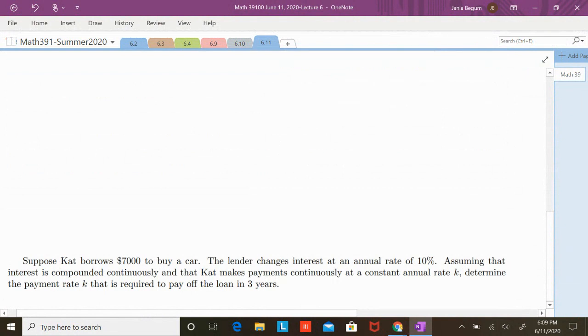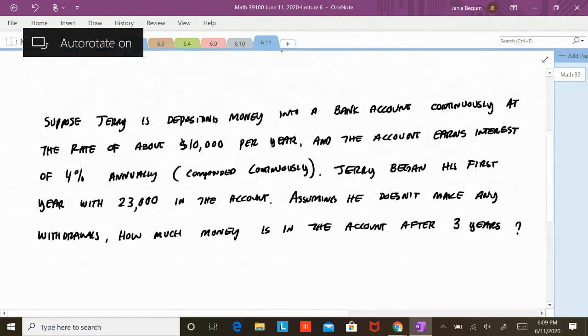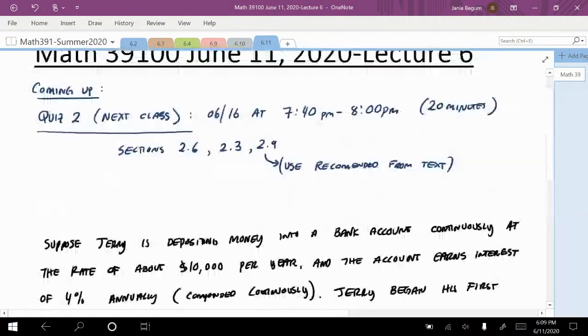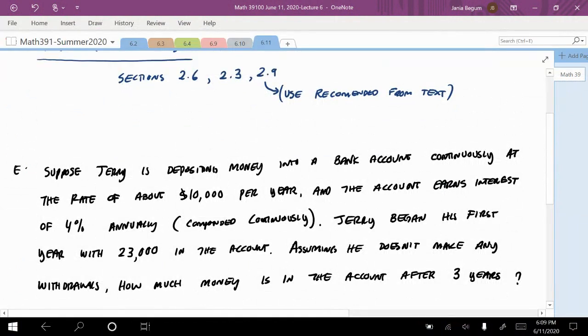Okay, so let's get started on the first one that we didn't finish last time. Let's call this one example 1. This is from last time.